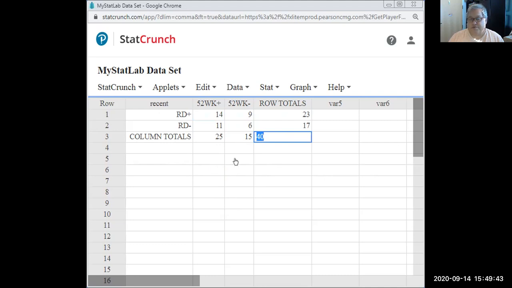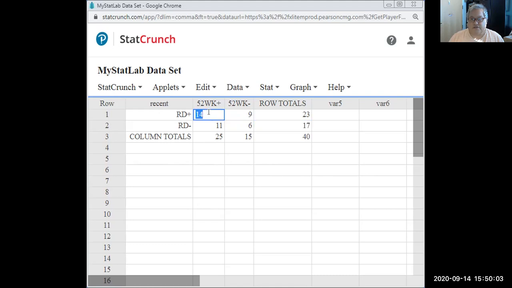So, for example, a row percentage of the items in the first row would take the 14 and the 9 and divide them by the 23. Then we would take the 11 and the 6 and divide those by the 17, and so forth. So that's how row percentages are computed.